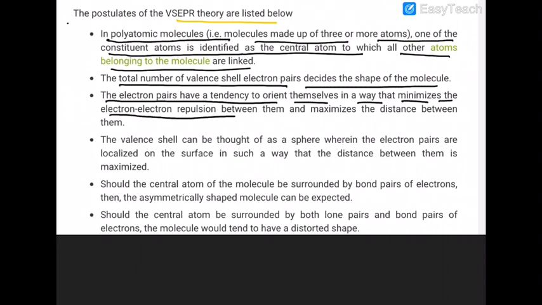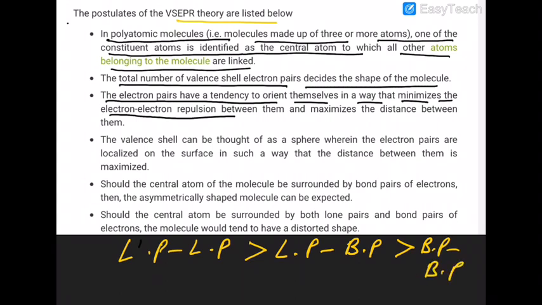Are you sure? What should the repulsion be? This is very, very important. Lone pair repulsion, LP meaning lone pair, is more than lone pair bond pair repulsion, which is greater than bond pair repulsion. So there are three types of repulsion: lone pair, LP, and BP meaning bond pair.